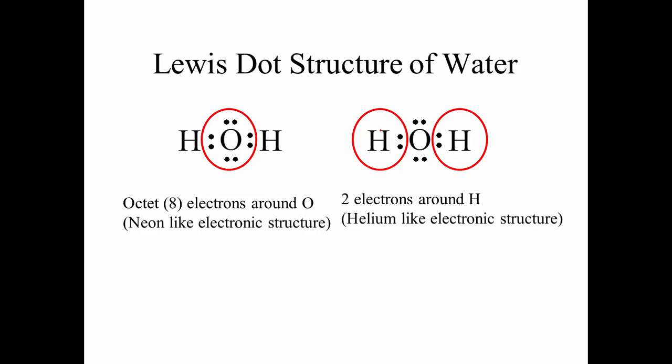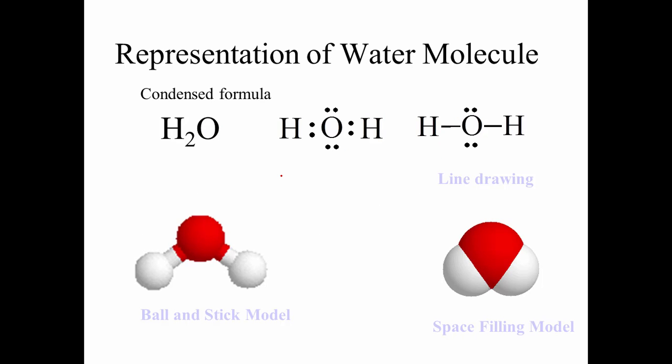Hydrogen, of course, doesn't need 8, only needs 2 electrons to fill its valence shell, and same with this hydrogen. Since the electrons in the bonding pair are shared in the covalent bond, we can count them as both helping oxygen fulfill its octet and hydrogen fulfill its 2 electron configuration. So water is a stable molecule.